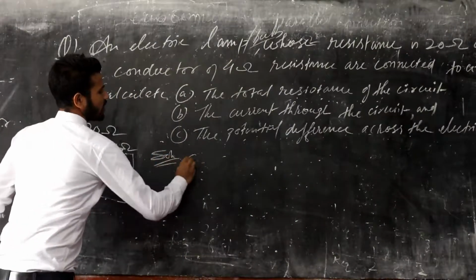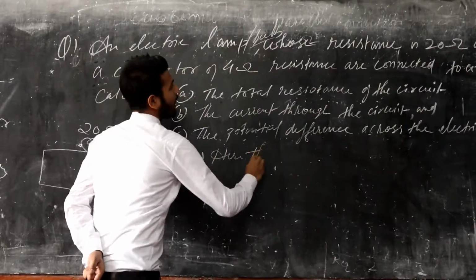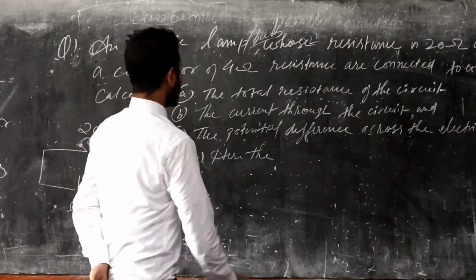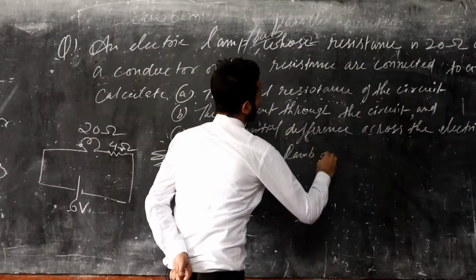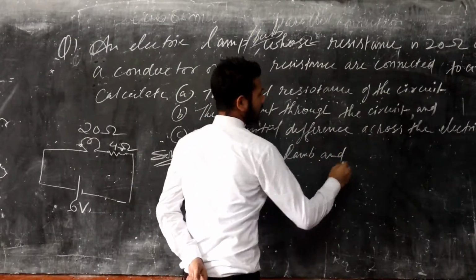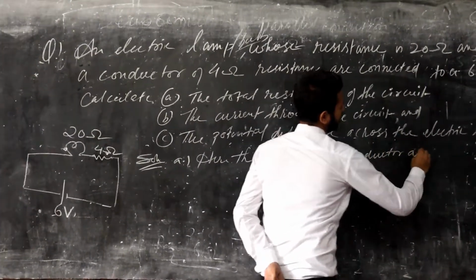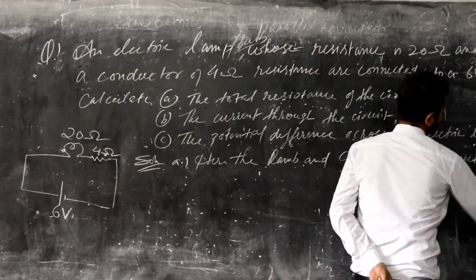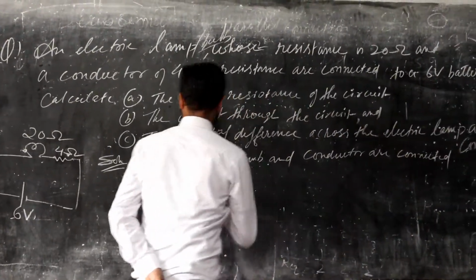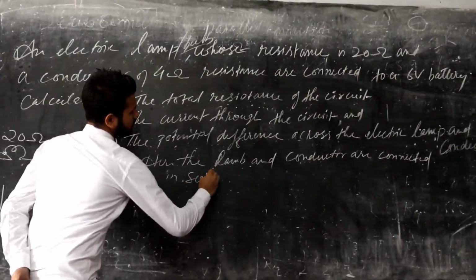Solution. Here the bulb, or the lamp, and a conductor are connected in series.